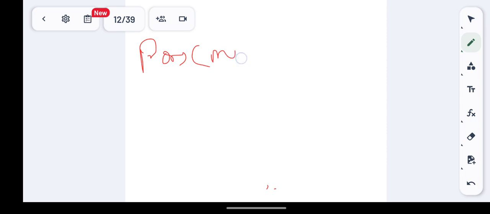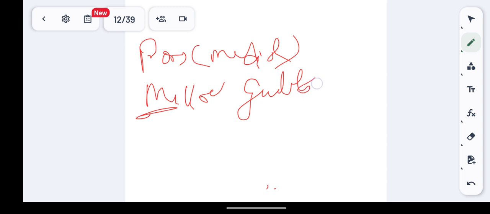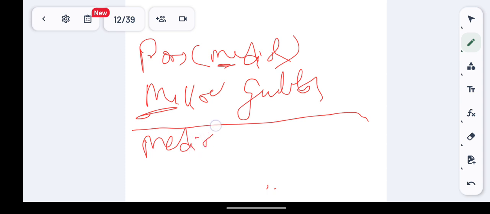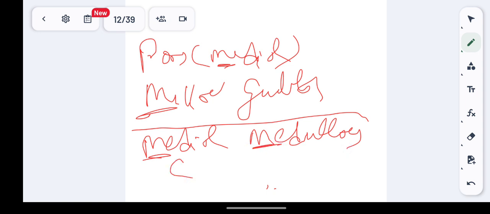Medial pontine syndrome is called Millard-Gubler syndrome. So again it is starting with M. Now with the medullary, medullary has M in its name, medial medullary. Okay, so it has another name, that is Dejerine syndrome.